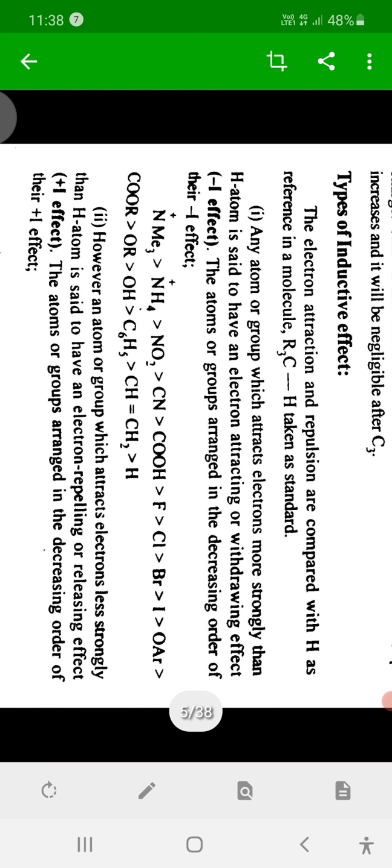Then NO2, CN, CHO, F, Cl, Br, I, OAr, esters, alkoxides, alcohols, phenyl, then ethene, and last hydrogen. That means the power of minus I effect decreases from NMe3+ to hydrogen.